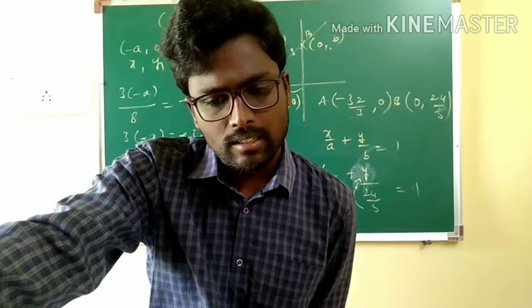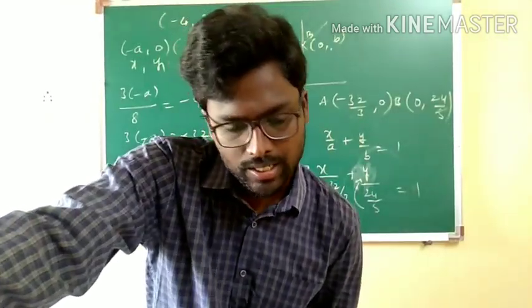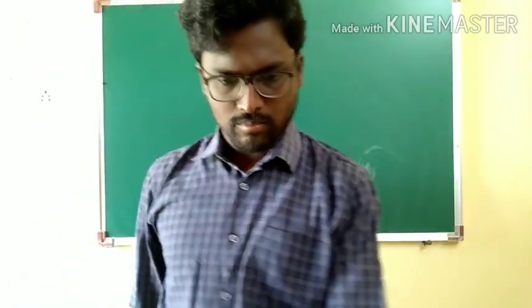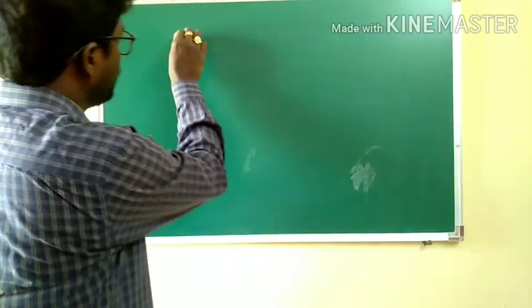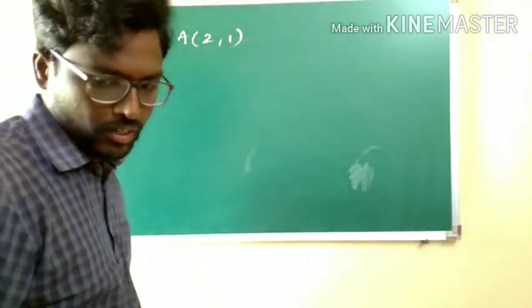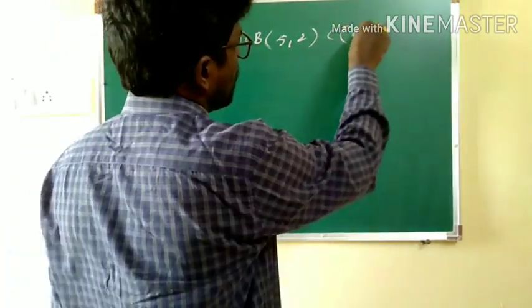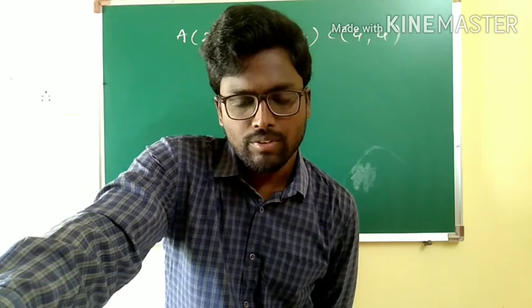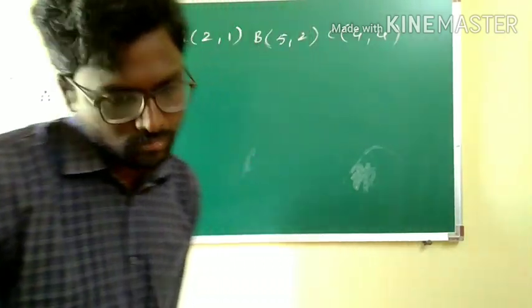Write down: find the equations of the sides of the triangle whose vertices are A(2, 1), B(5, 2) and C(4, 4).